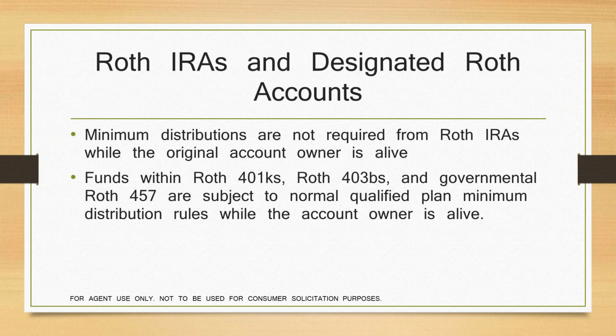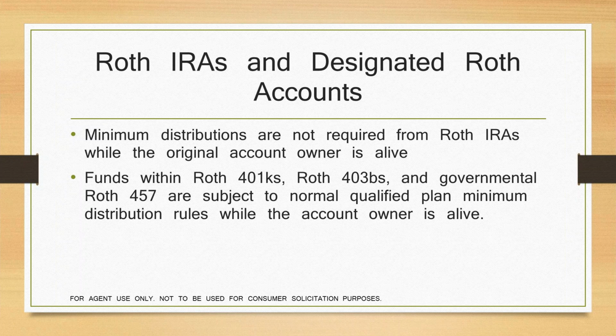However, with a designated Roth account, Roth 401k, Roth 403b, governmental Roth 457, those are subject to qualified plan minimum distribution rules while the account owner is alive. And so those rules have to be thought about and respected with regard to designated Roth accounts.